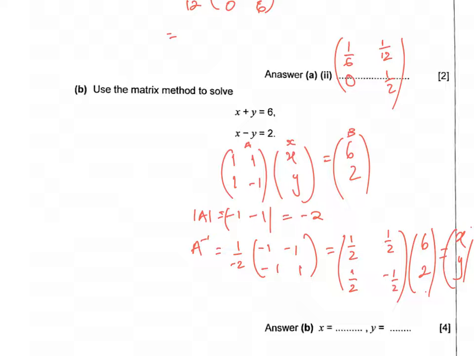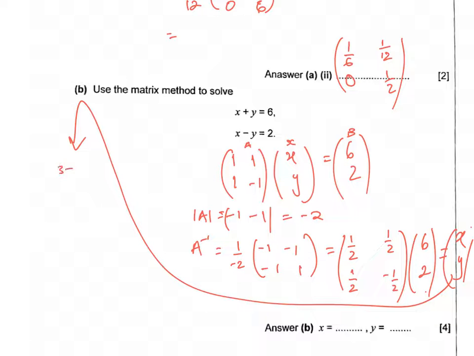Okay, so if I multiply here, I will have a half of 6 plus a half of 2. So I'm going to take this one and multiply here. Okay, so I'll have a half of 6, which is 3, plus a half of 2, which is 1.